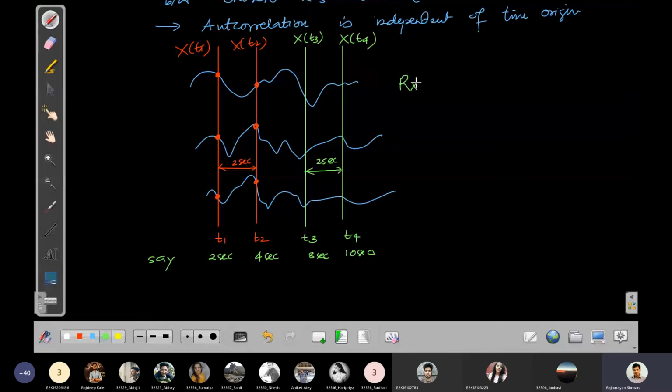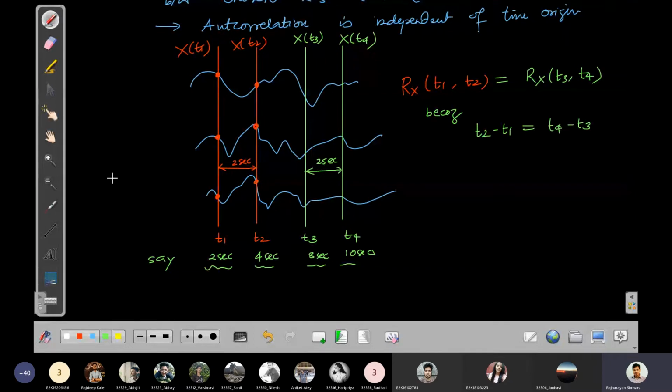This Rx, let me write this with the red color, Rx(t1, t2) will be exactly the same as Rx(t3, t4), because t2 minus t1 is exactly the same as t4 minus t3. So it does not depend on the time origin at what time you are choosing, but it depends on the two random variables, at what separation you have chosen. So that is the meaning of a WSS process.